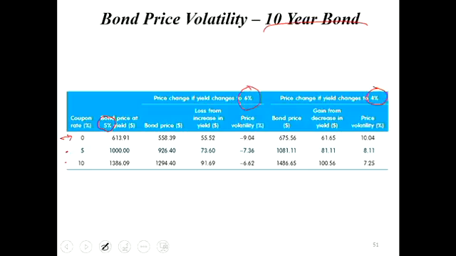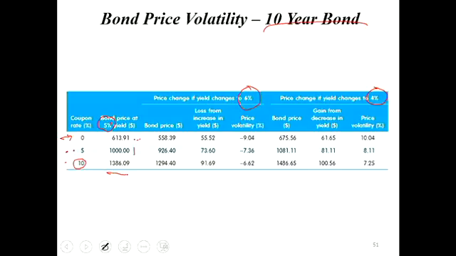Now, as you can see, at 5% yield, the 0 coupon bond is bought at some considerable discount. At 5%, the coupon rate and the yield are the same, so it trades at par. When you get to the point where it has a 5% yield, but it's paying out a 10% coupon rate, then we have this significant premium.